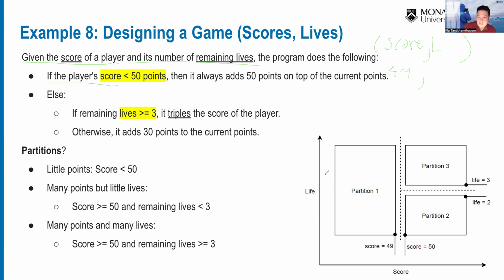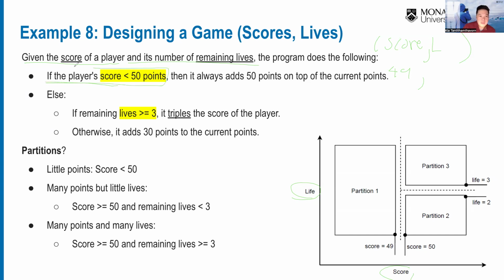So based on this, we're going to draw the XY axis. Let's say we have the y-axis that considers the life, and the x-axis that considers the score. Let's take a look at the points.